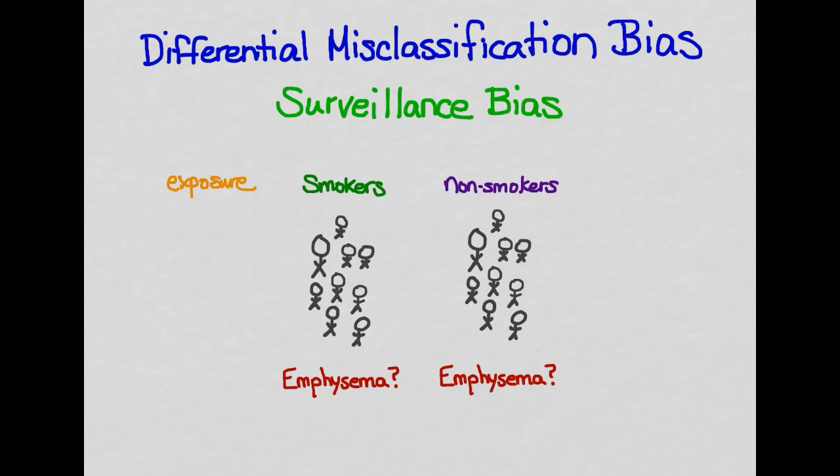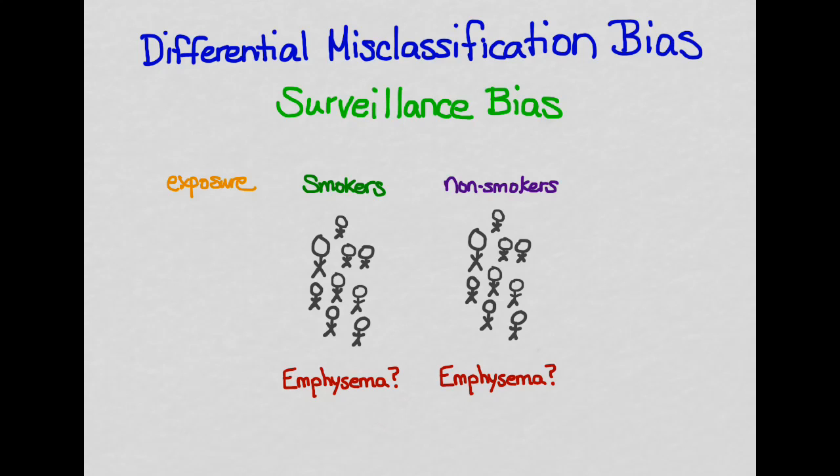This is also called the detection bias. The idea is that if you know to look for something, if you're expecting a particular outcome from a particular exposure, it may be more likely that people with that exposure are diagnosed with the disease. So again, this is differential misclassification because the misclassification is more likely to occur in one group than another.